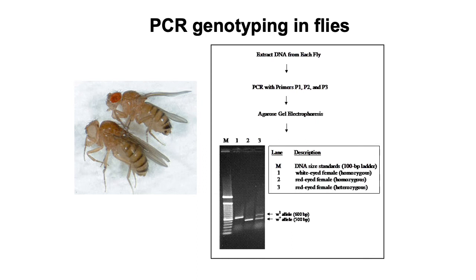If you suspect you're a carrier for a particular genetic disorder, you can be tested to see if you are going to pass that on to your children. You don't know whether you're homozygous. You don't know whether you're heterozygous. You can use PCR to genotype and figure out what your particular genotype is. And so you can do these kinds of things prenatally as well. So let's look at the next slide to look at how that is done.